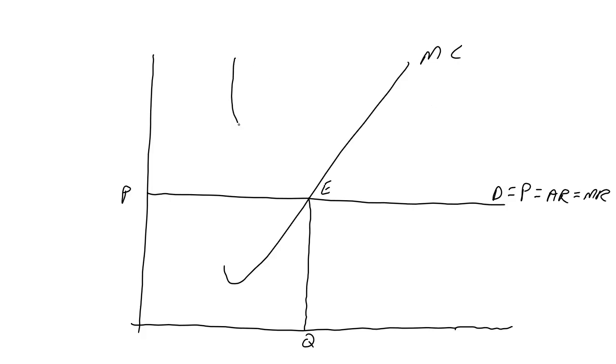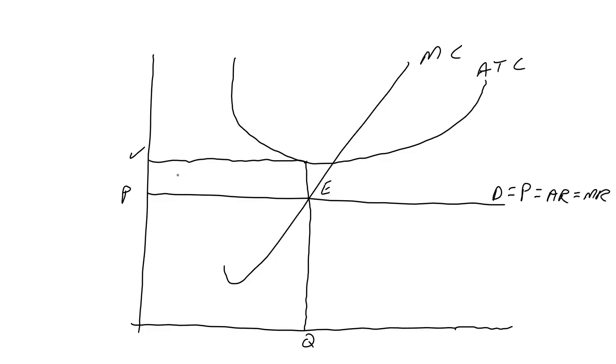So I'm going to do something like this, and this is my ATC curve. Now I'm going to extend it upwards and touch it here and then go over here. I would have wanted to sell at this price because I would have made a normal profit at this price, but I'm selling over here. Therefore, this entire shaded region is my loss.